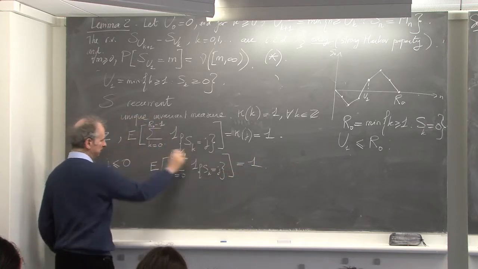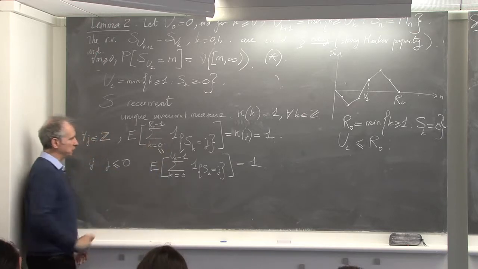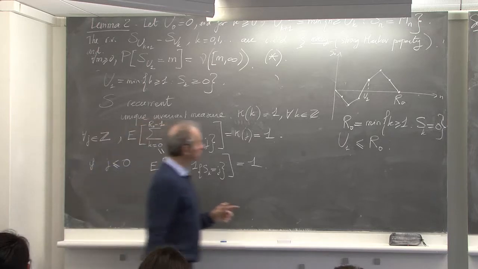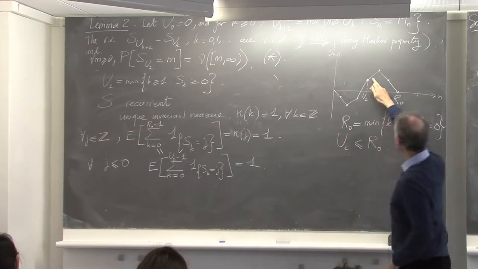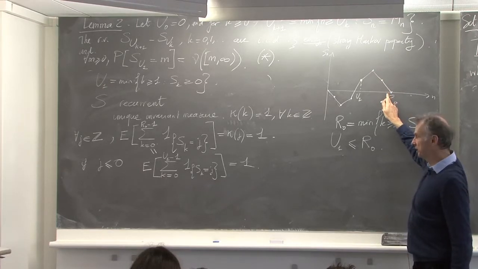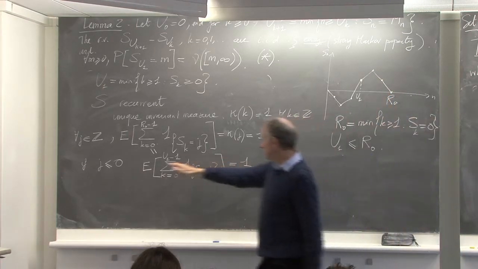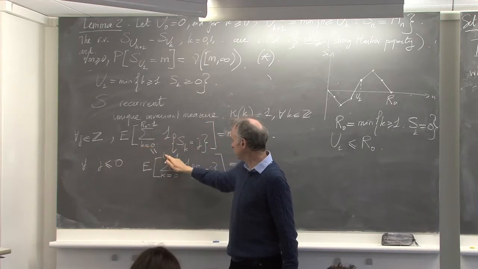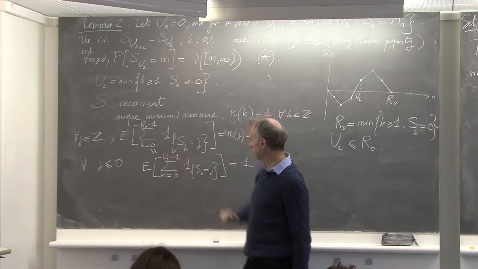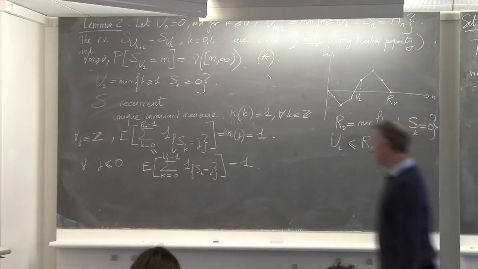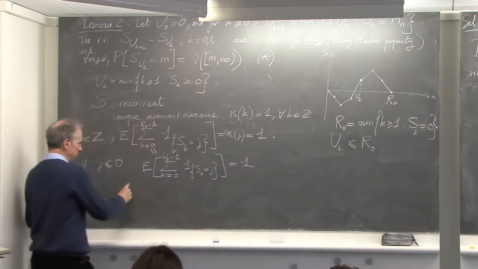I claim that this expected value is in fact the same as the one above. Look at the picture. After time U1, in any case, you stay positive until you come back to 0. So if j is negative, in this sum there will be no contribution for k greater than U1. The two sums are the same.